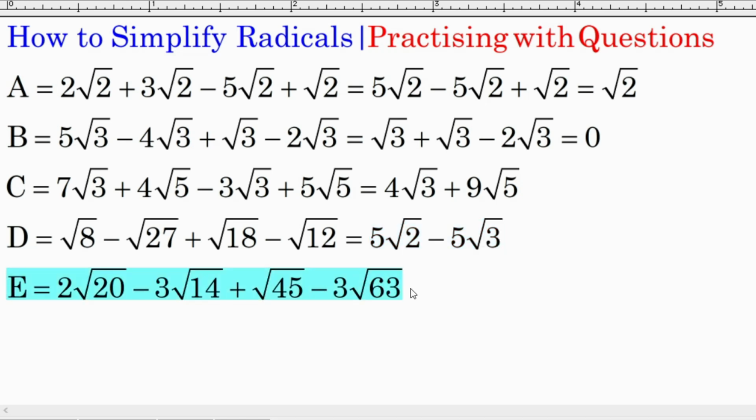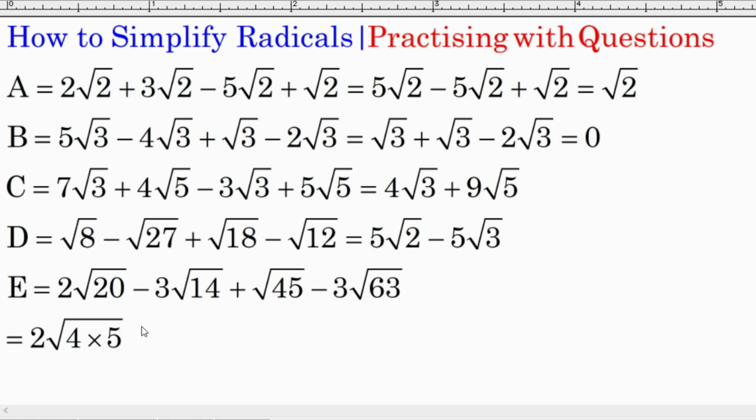Okay, now we are going to solve the last question together, and this is going to be a little bit harder, so let's go into detail for this solution. We have 2 times the square root of 20, so we have to simplify the square root of 20. It could be written as 4 times 5.